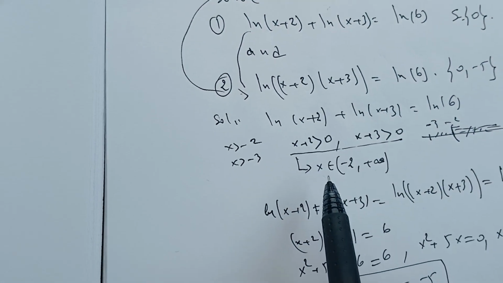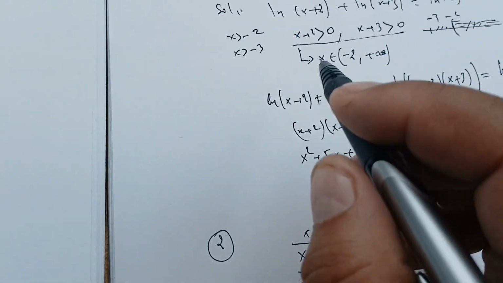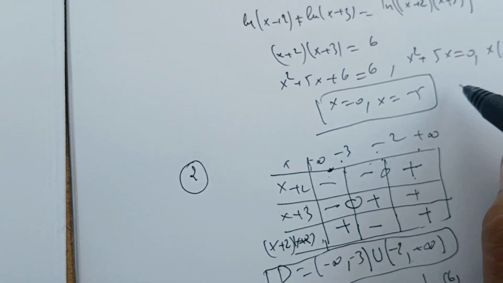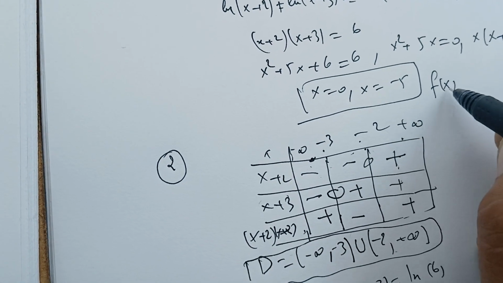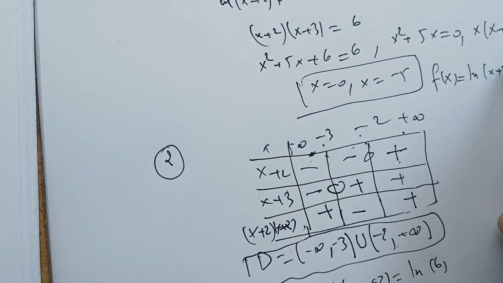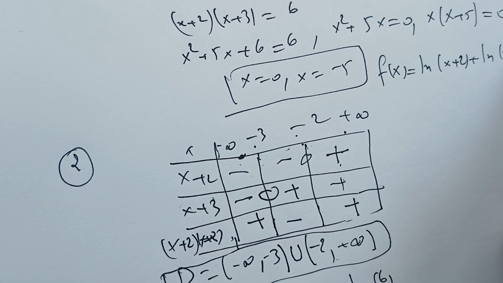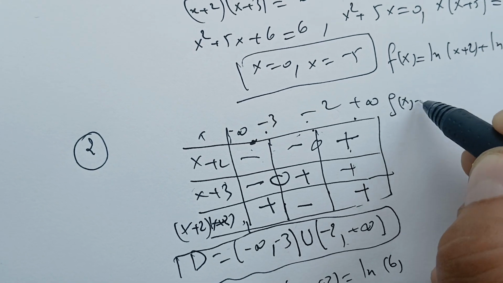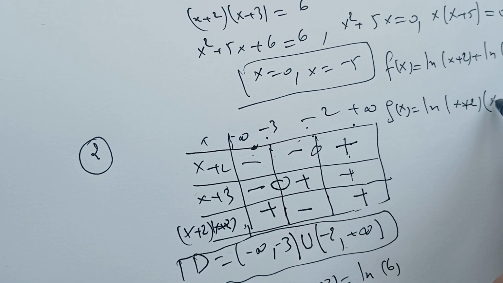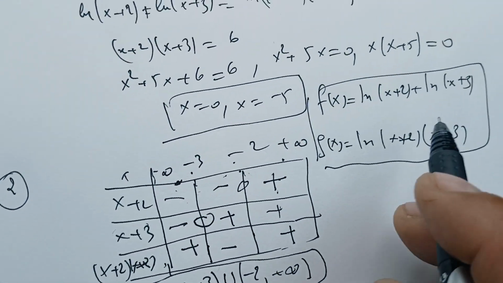The key idea is that given a function f of x equals ln of (x plus 2) plus ln of (x plus 3), and a function g of x equals ln of (x plus 2) times (x plus 3), these two functions are different.